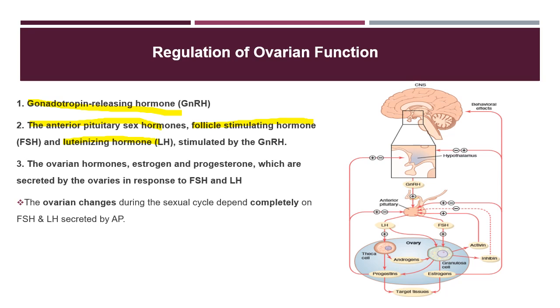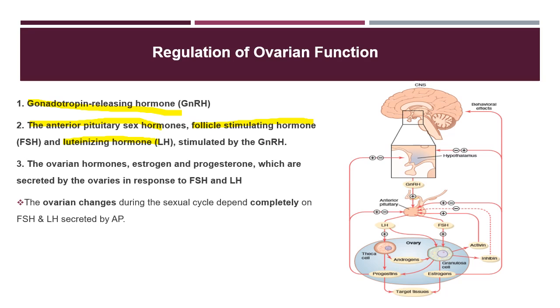Without secretion of gonadotropin releasing hormone, there will be no secretion of FSH and LH, and that's what happens during childhood. The ovaries remain inactive because of the absence of the gonadotropin releasing hormone as well as FSH and LH.